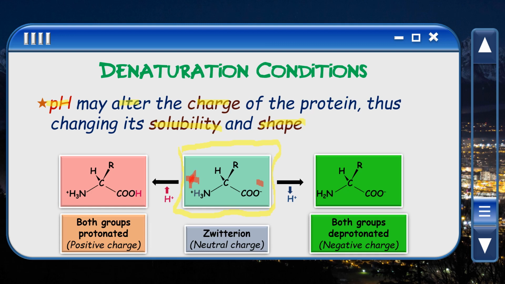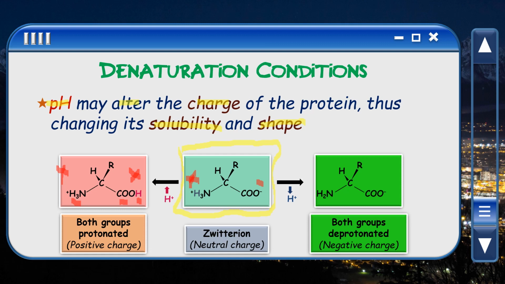Now, when you add acids, both of the groups may end up protonated. Here you have a positive, and on this side you also have a positive because you have added a hydrogen ion. Both groups are protonated, the amine group and the carboxylic group.